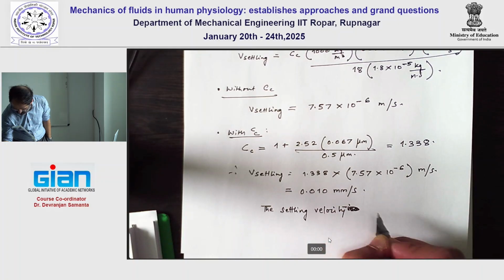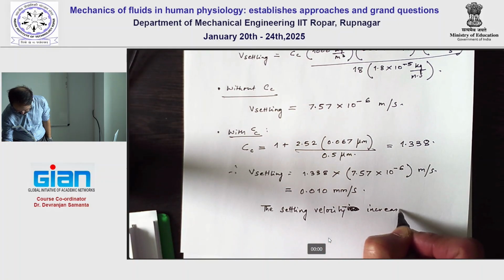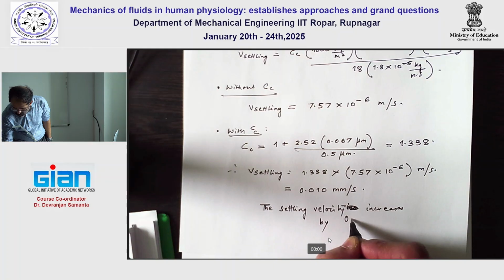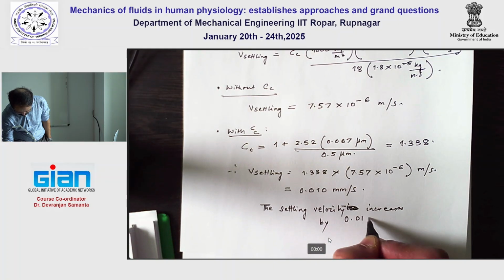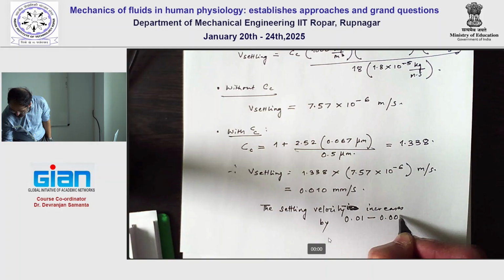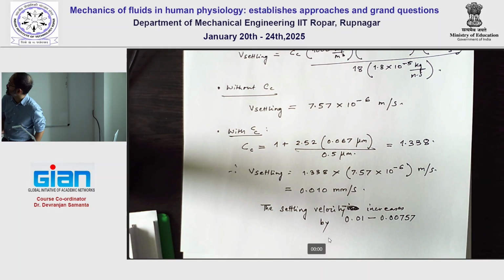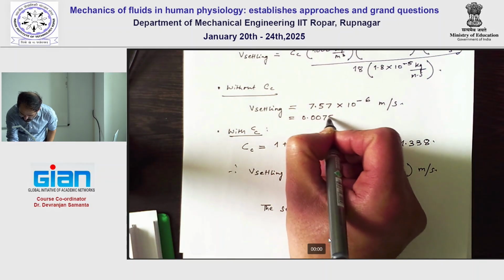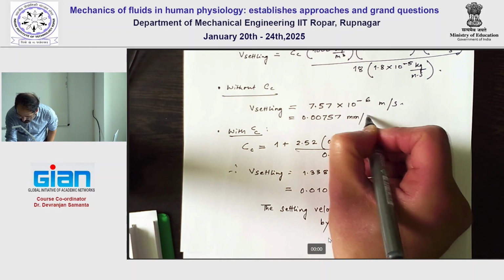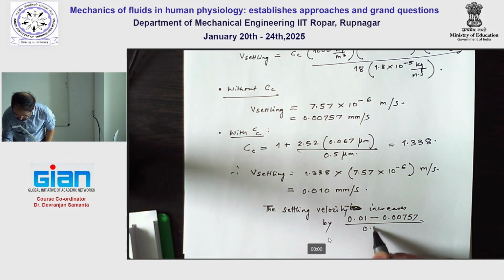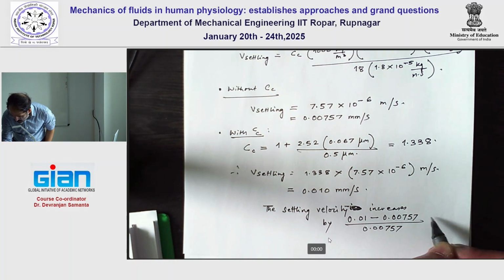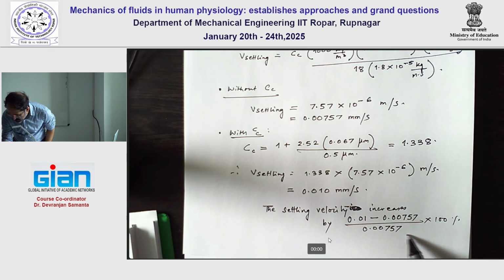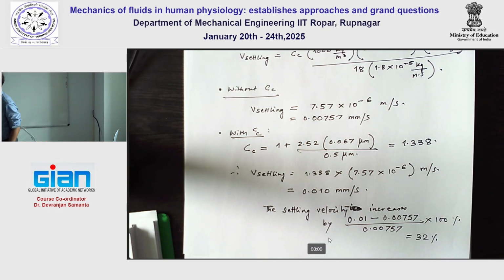So the settling velocity increases by 0.01 minus 0.00757, if I write the first velocity in millimeters per second, so it would be 0.00757 millimeters per second. Which, if you calculate, will be around 32%. So it changes by quite a bit just by doing the slip.